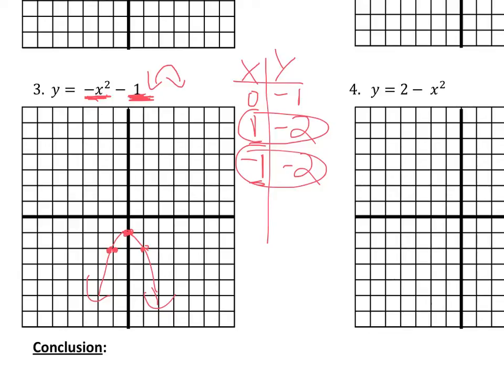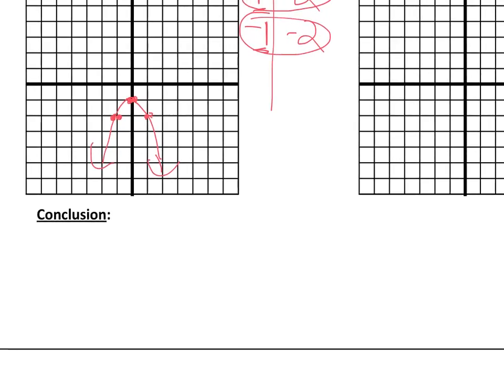The other thing to keep in mind is that there's no x terms. See how there's no x? And there's no x term for number 1. So keep that in mind when we talk about this in class tomorrow. Here's a little conclusion we can make.